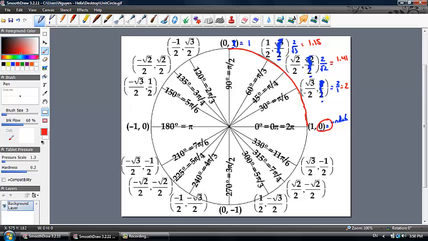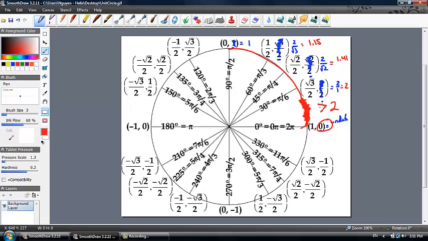The way that manifests itself in the graph is that from the undefined, this infinitely large number, all the numbers I just colored in red are greater than 2, because it's slowly decreasing as it approaches pi over 6, which outputs a value of 2. That's our first known value.